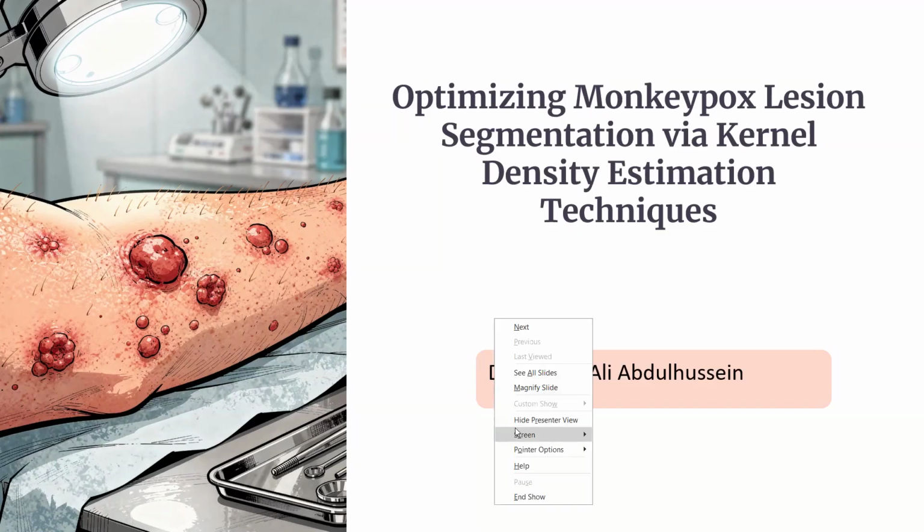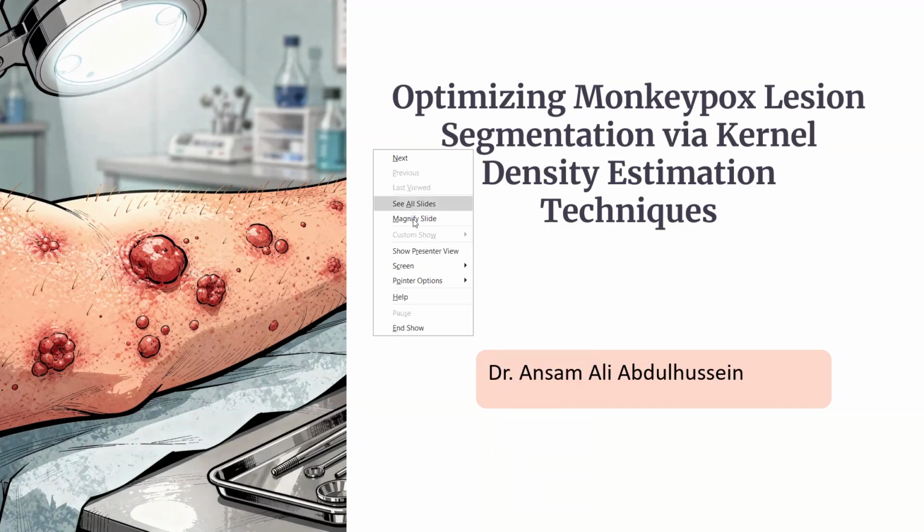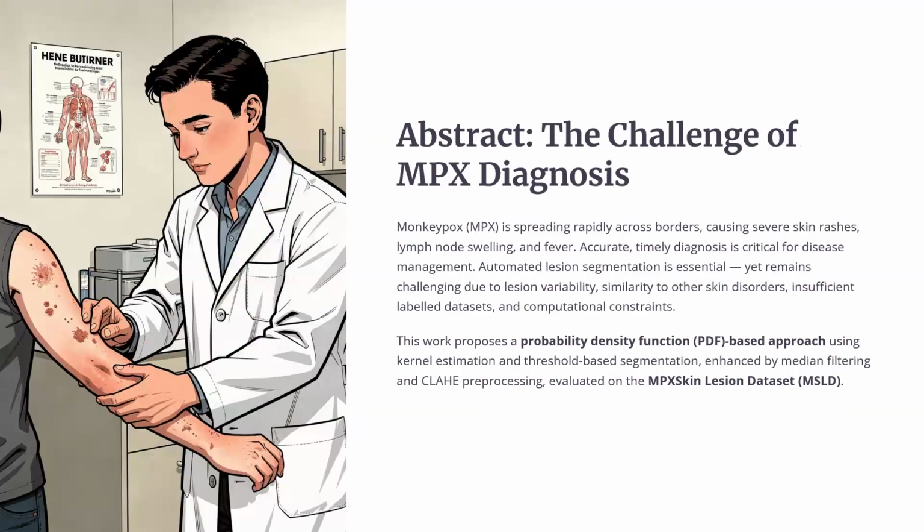Monkeypox is an escalating health concern caused by the monkeypox virus, which is a DNA virus. Its transmission is through direct contact with infected individuals, animals, or contaminated objects.